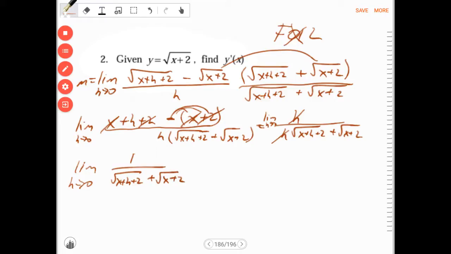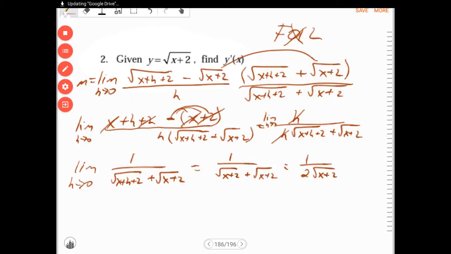So the limit as h approaches 0 of 1 over root x plus h plus 2, plus root x plus 2. Now the 0 over 0 is gone, so I just substitute and put the 0 in here. So this is going to be x plus 0 plus 2, which is just x plus 2. So this is really 1 over square root x plus 2, plus square root x plus 2. Hey, there's two exactly the same things adding, so that's going to be 1 over 2 root x plus 2.